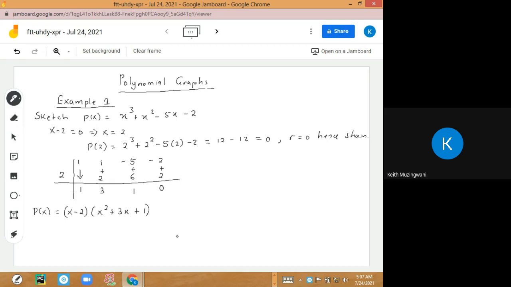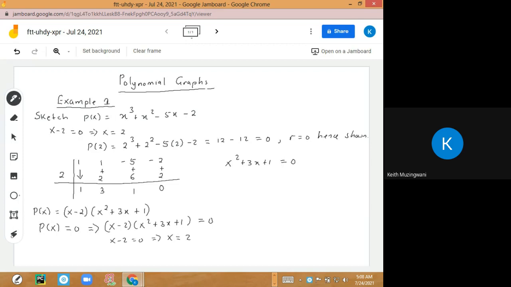So I deliberately asked you to solve for this equal to 0 because that's how you get the x-intercept. So you equate the whole thing to 0, telling us that x minus 2 is 0. Of course, for this one, we already know x is 2. Then get x squared plus 3x plus 1 is equal to 0.